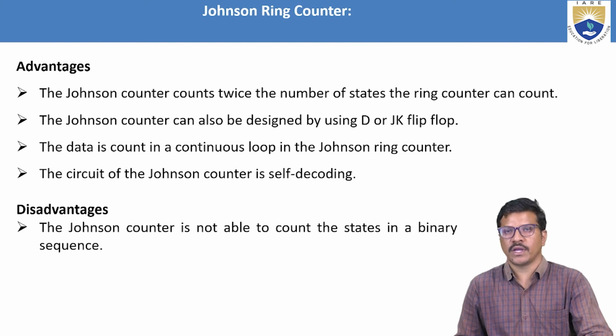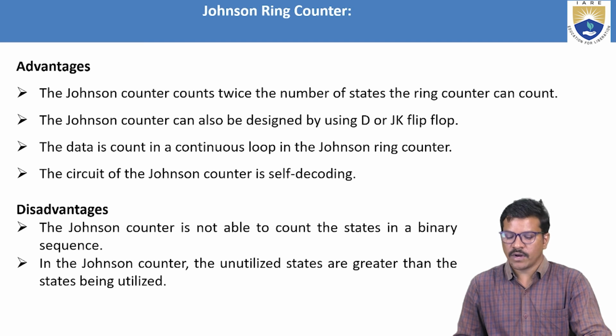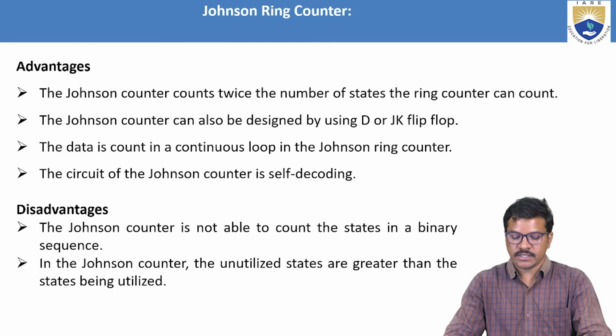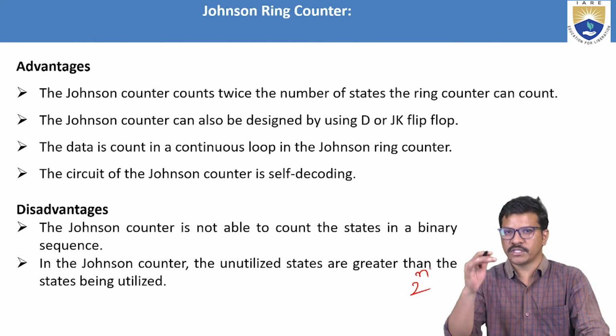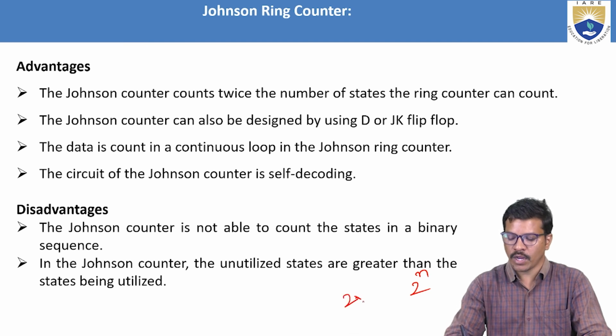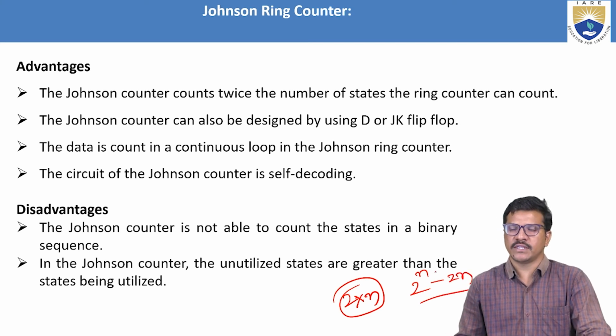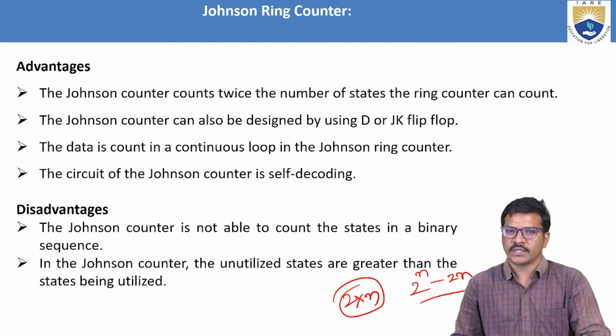If you see the truth table of the counter, we can't see the binary sequence. Also, with n bits there are 2 power n possible states, but we use only 2n. So the unused states, 2 power n minus 2n, are more than the states utilized. These are the disadvantages.